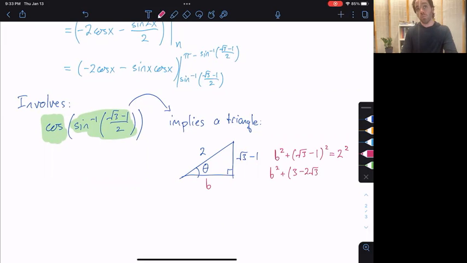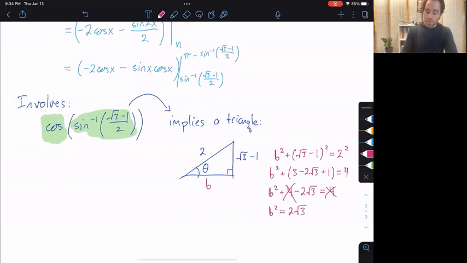And then minus 1 times minus 1, that's actually plus 1 squared, or plus just 1. And that equals 4. All right. B squared plus 3 plus 1. Oh, yeah, that's 4. B squared plus 4 minus 2 root 3 equals 4. The 4s can be taken away. So I'm left with b squared equals 2 root 3.